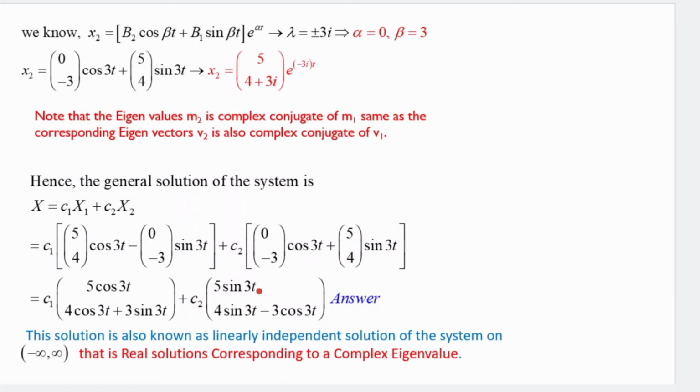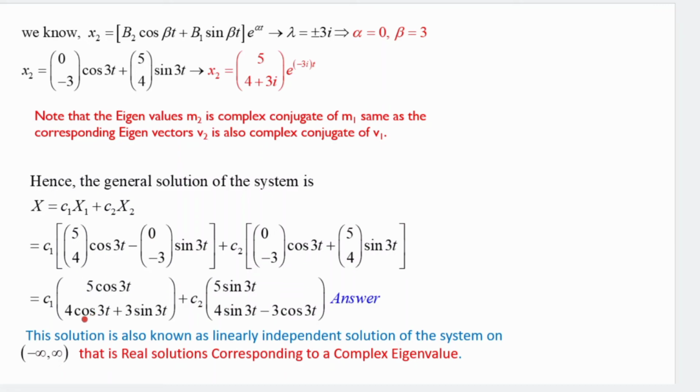Now when we simplify this, when we add these two vectors, we can see that 5 plus 0 equals 5, but here we have cos 3t, that's why this is 5 cos 3t. So here sin 3t times 0 means 0, this will be minus 3 sin 3t.